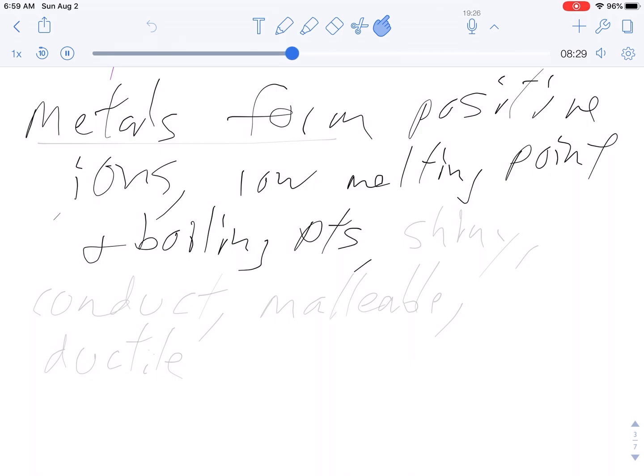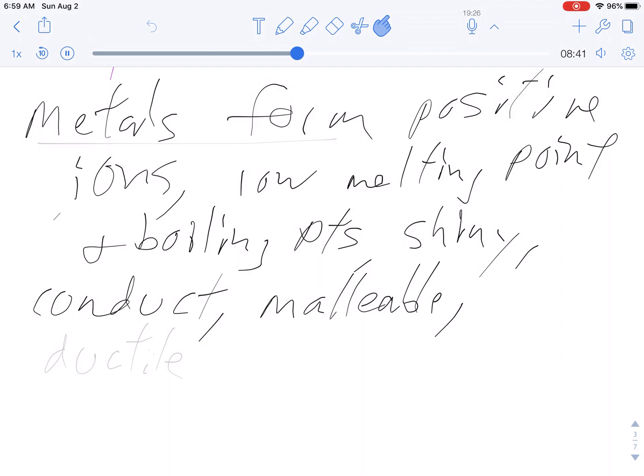And they also are shiny. They conduct. They're malleable, which means you can bend them without breaking. And they're ductile, which means you can turn them into wires. Okay?